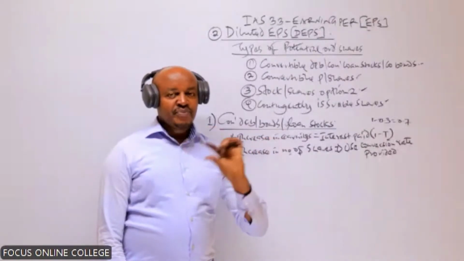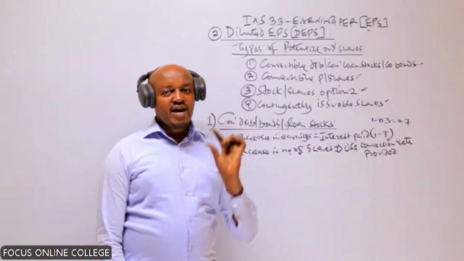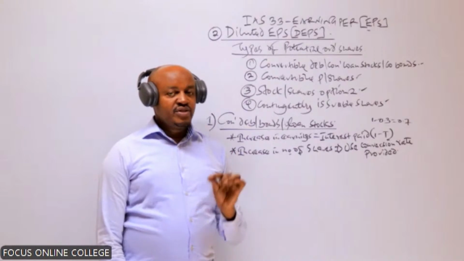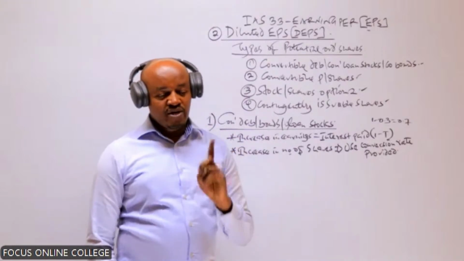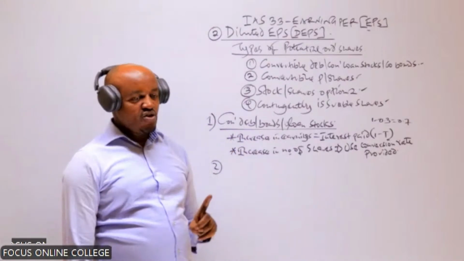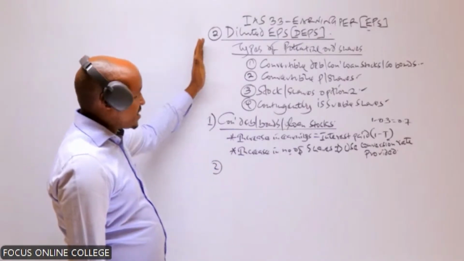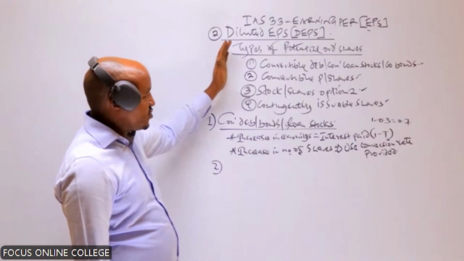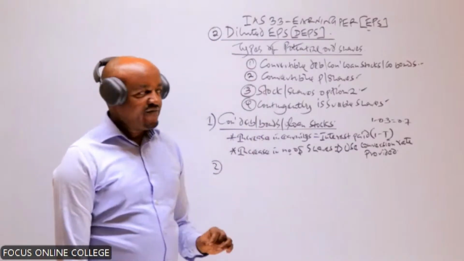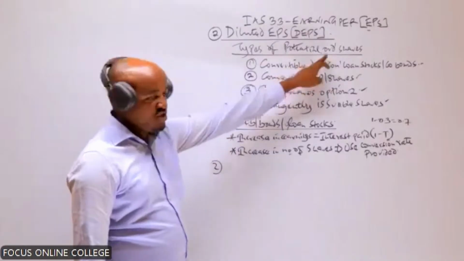We looked at how they should be accounted for under IFRS 9. We said the company should split the two components, the equity component and the liability component. But under IAS 33, if a company has issued a convertible security, we refer to that as a potential ordinary share.